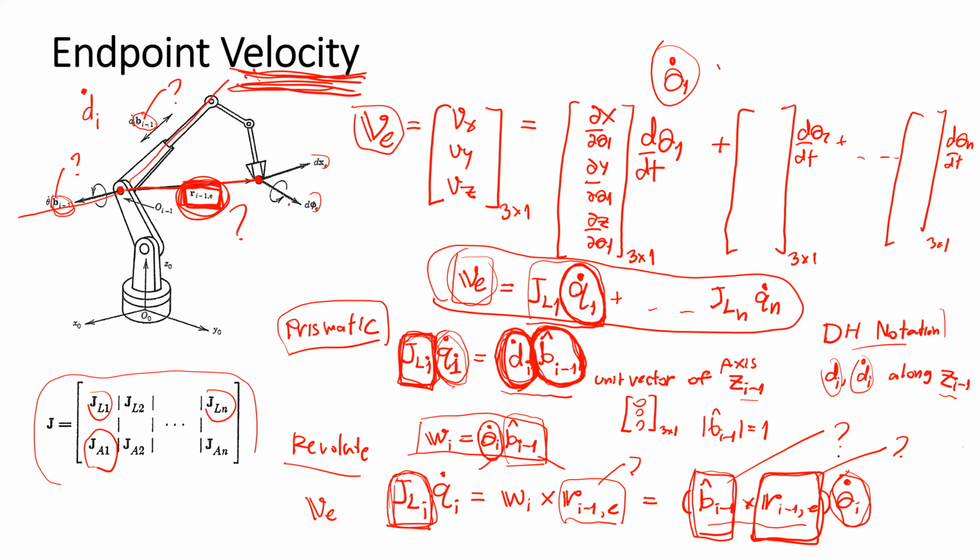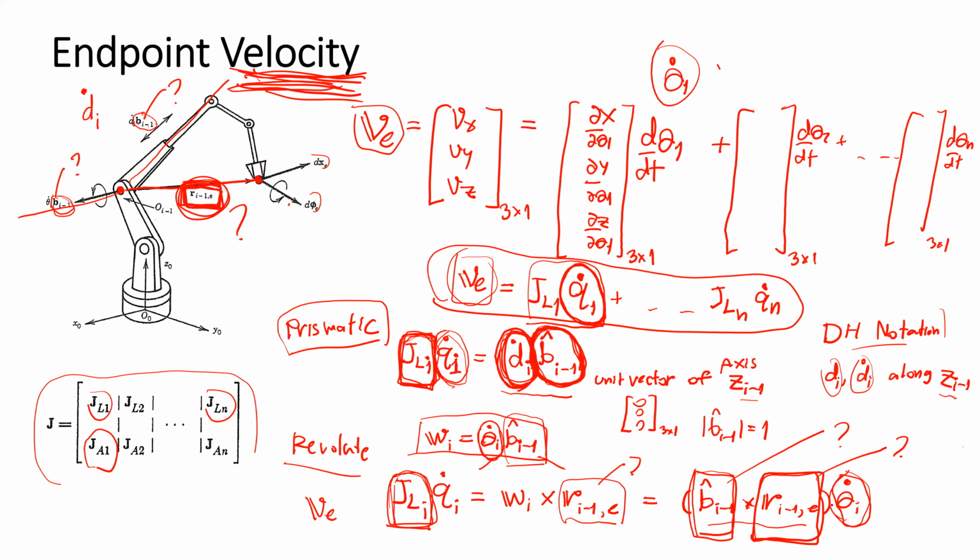If we check the endpoint velocity and relate it with the joint variable, we need to multiply the joint speed with this component, so that we have the velocity at the endpoint.